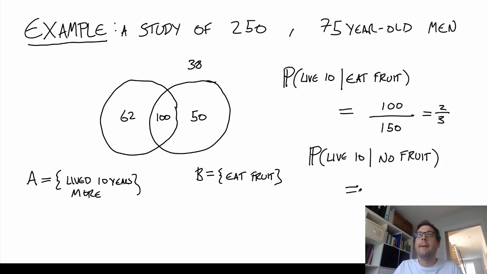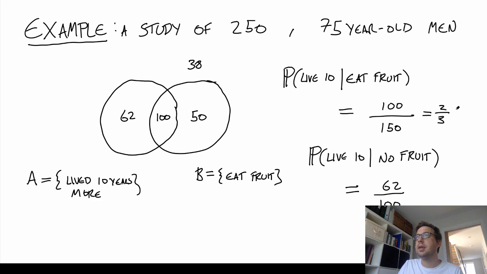Okay. And so if we look at the people who do not eat fruit, so that's everyone outside of here, there's 100 of those, 62 plus 38, and 62 of those live 10 more years.